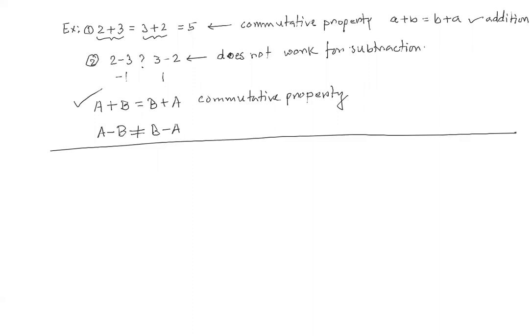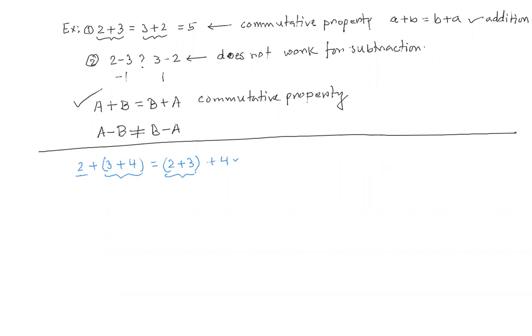Now, let me give you another example for three numbers. Think 2 plus 3 plus 4. 2 plus 3 plus 4 is the same as 2 plus 3, then plus 4. We are adding to 2 the sum of 3 plus 4. On the other hand, here we are adding to 4 the sum of 2 plus 3.